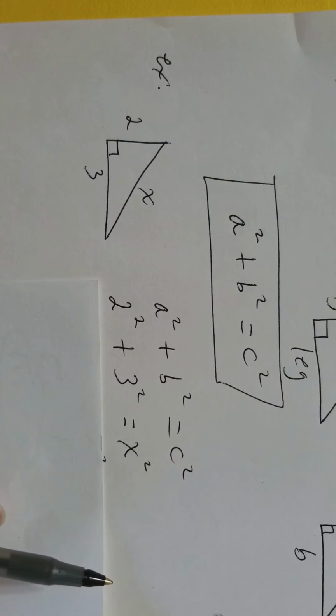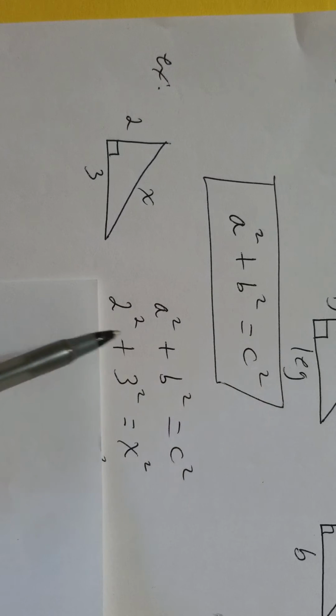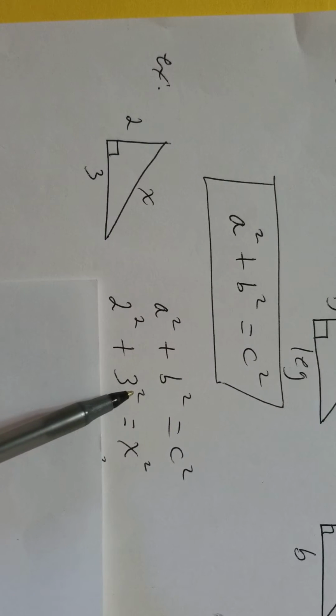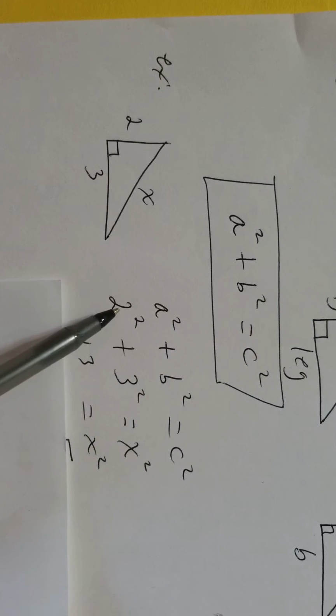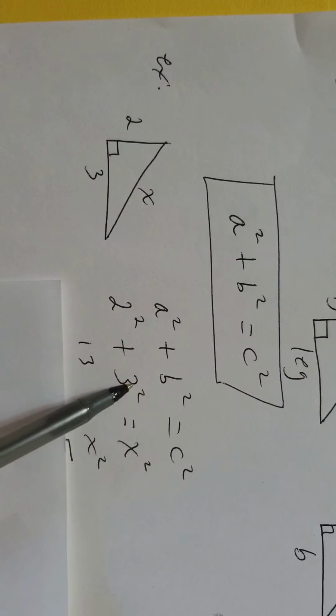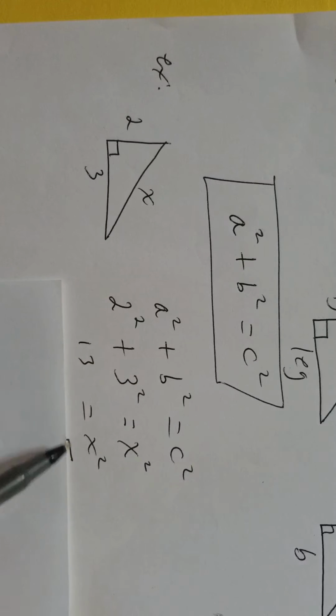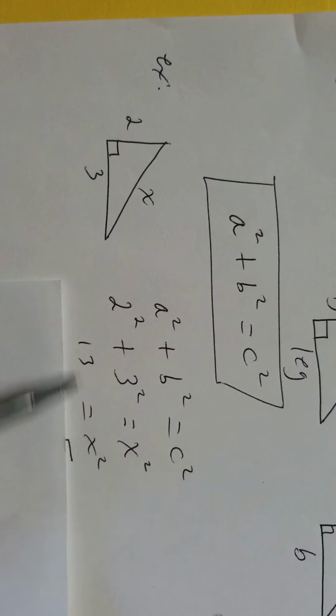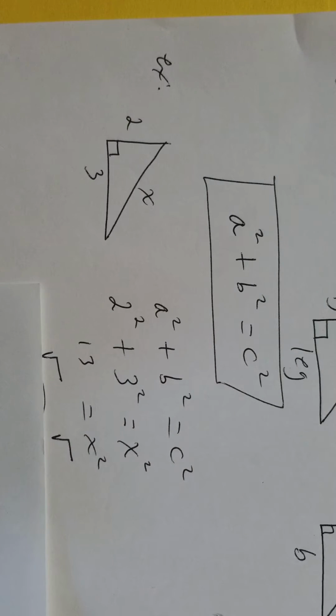Okay, so now let's solve the equation. We do order of operations. We do exponents first. So that's 4, that's 9. 4 and 9 is 13. 13 is equal to x squared. Done? No, that's x squared. We want x. So how do you get x? Square root both sides.